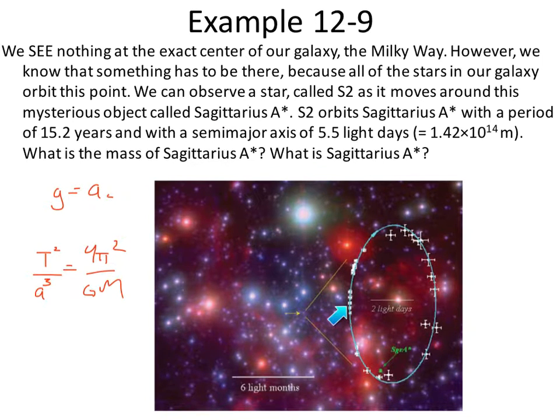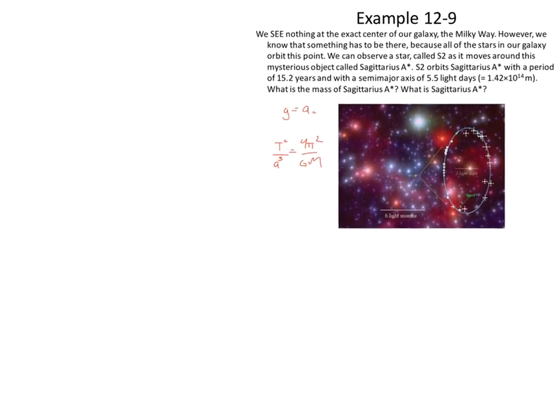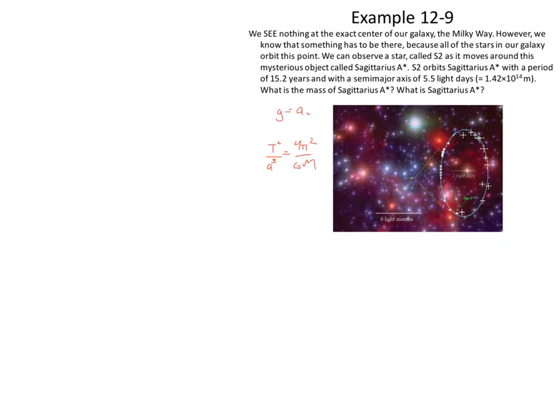So we want to find out the mass of Sagittarius A. So let's take this and shrink it down. We simply want to find the mass of Sagittarius A. So our period is 15.2 years.